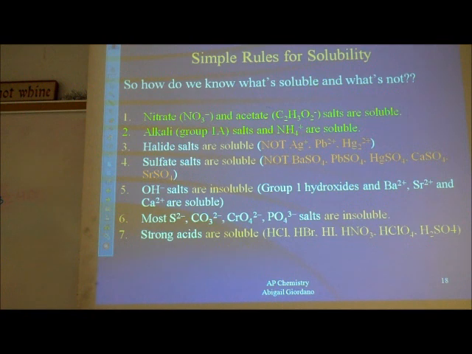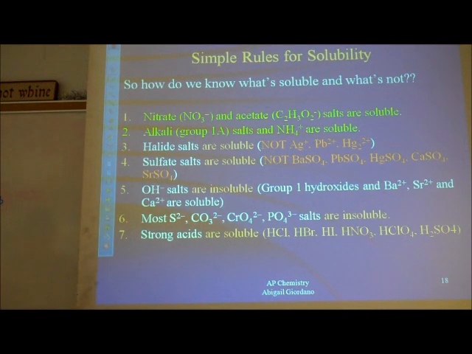There's a list of rules to decide whether a compound is soluble or insoluble. Now you all should be jumping for joy, because the fact that you have chosen to take AP Chem this year makes your lives much easier in some respects.